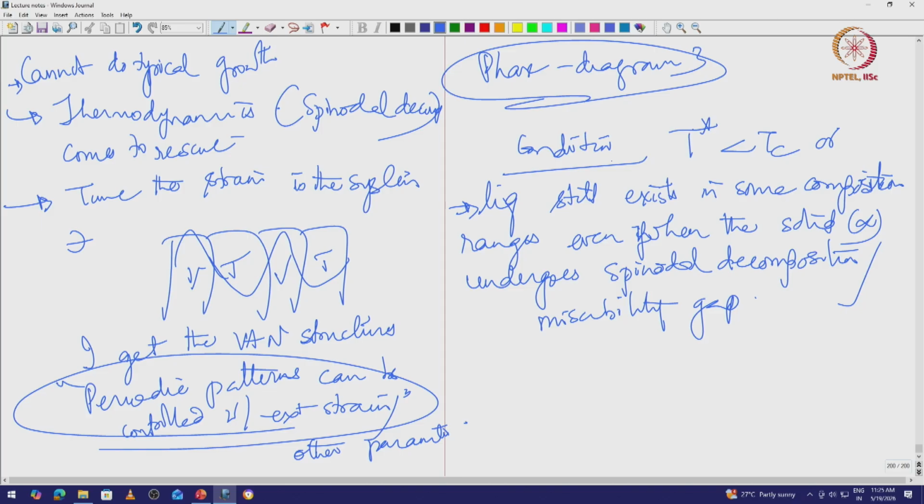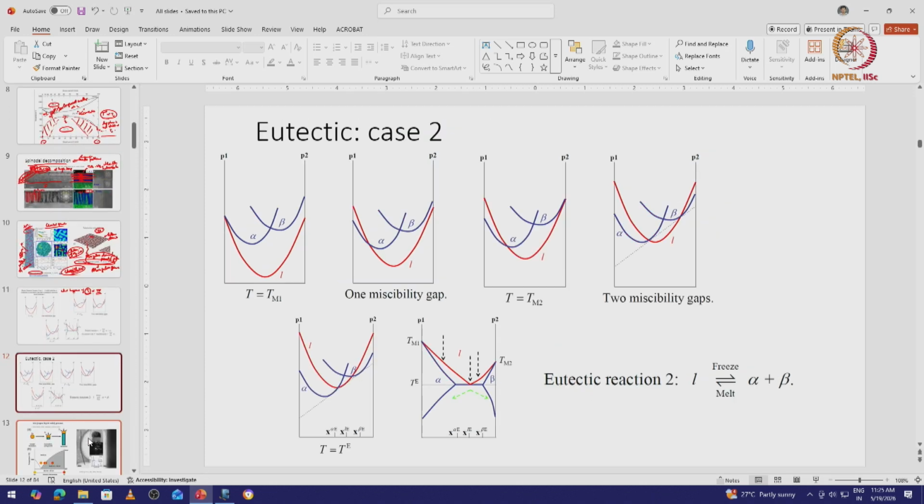Which means the solid starts transforming into its spinodal at much higher temperatures than the case where liquid transforms into a solid.